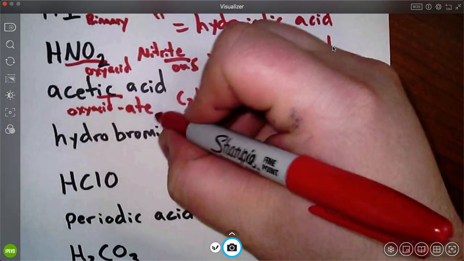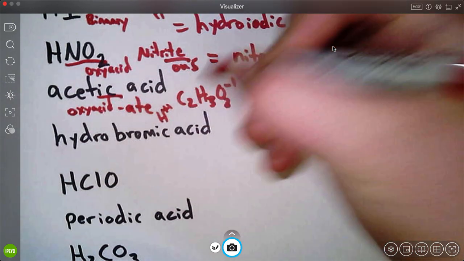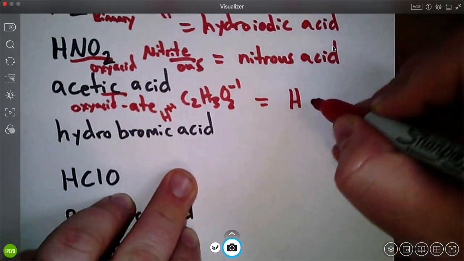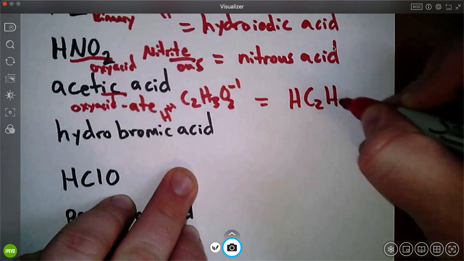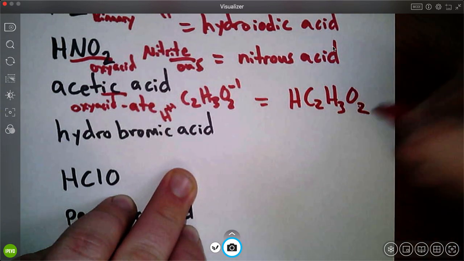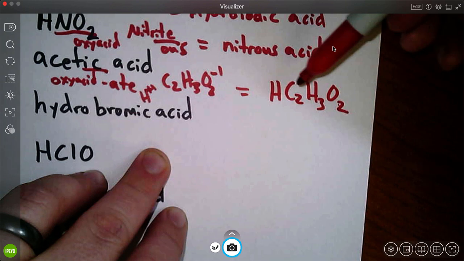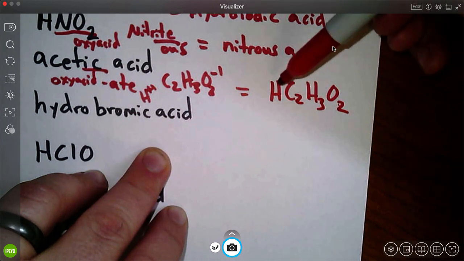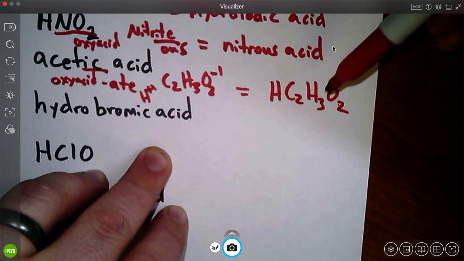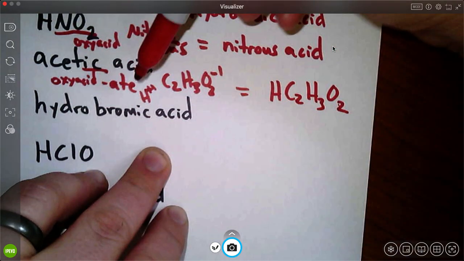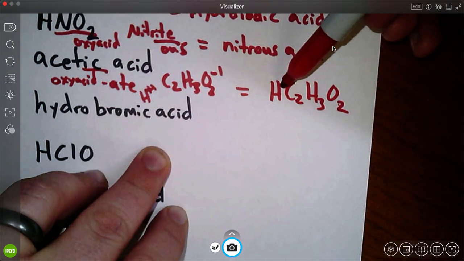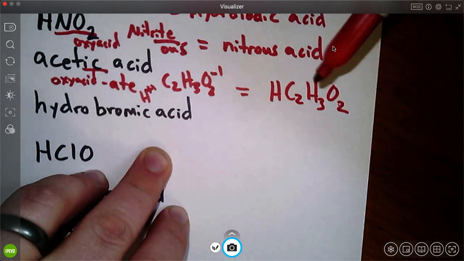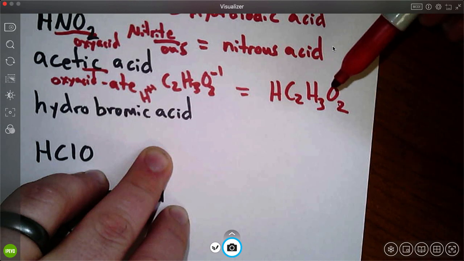It's paired with hydrogen because it's an acid. It's +1. That's +1, -1. So the formula is HC2H3O2. Now notice that I want to keep this acetate together, C2H3O2. So even though I have 4 hydrogens here, this H3 is part of the acetate ion, and then the H here is part of the fact that it's an acid. So only this H is going to break off when it gets in water and breaks into pieces. All right?